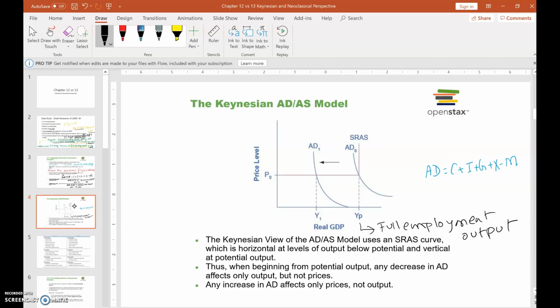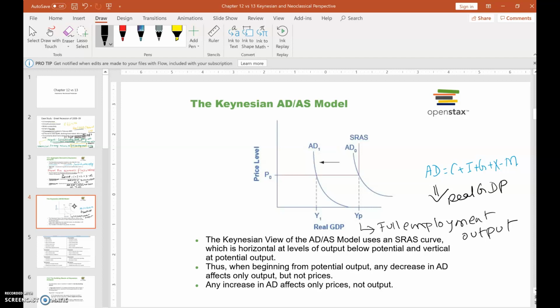This YP is the full employment output, or the potential gross domestic product. I can write aggregate demand is equal to consumption, investment, government expenses, exports minus imports, and aggregate demand is also the real gross domestic product.